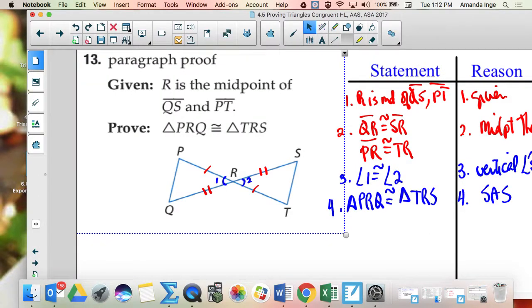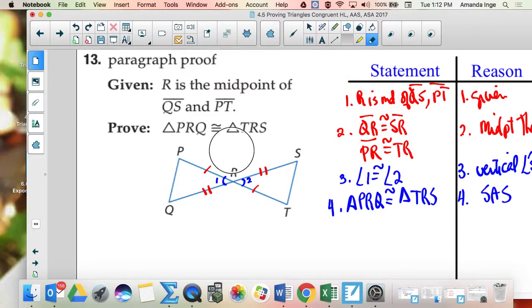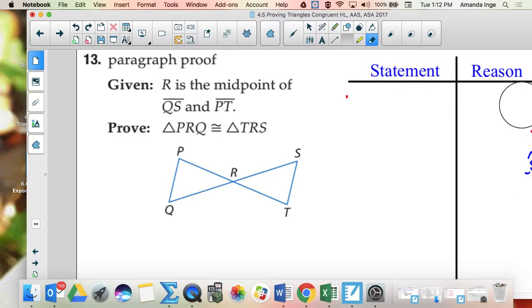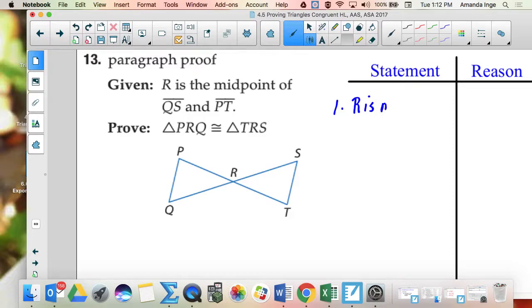Number 13. Check to see if you're getting these right. Number 13 says R is a midpoint of QS and PT. Given.